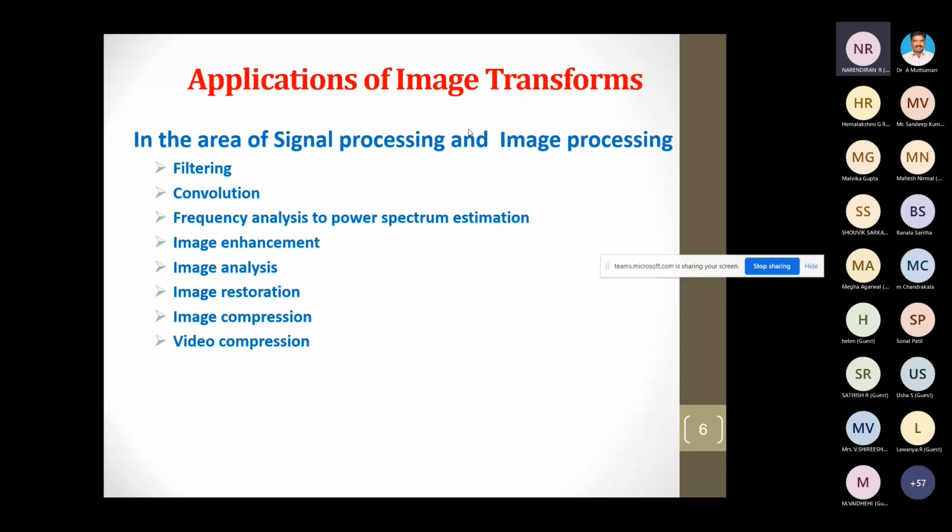Not only image and video, you can replace them with signal enhancement, signal analysis, signal restoration, signal compression. Similarly, speech also can be included: speech enhancement, speech analysis, speech restoration. Any of these fields can adopt all these terminologies. These are the applications.